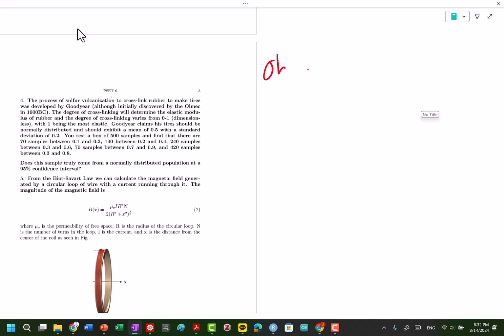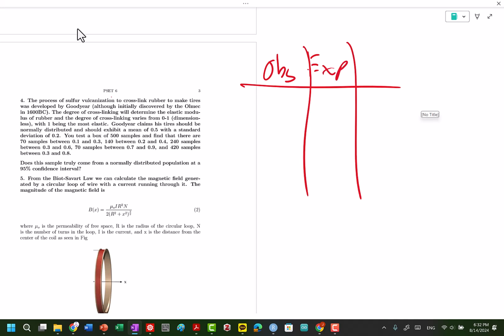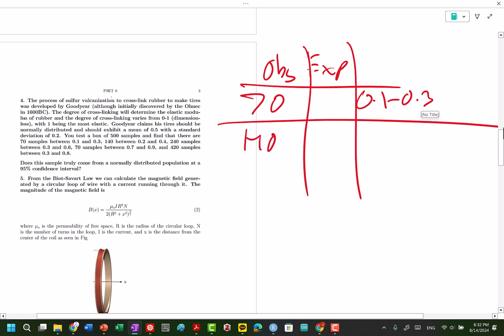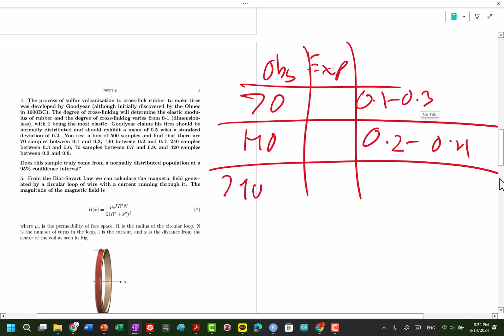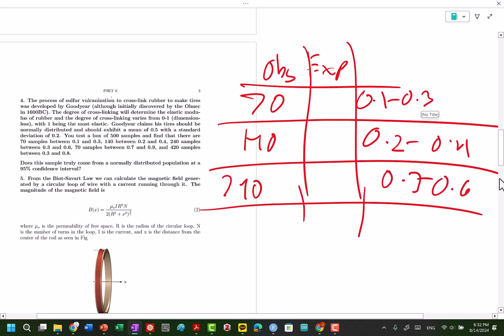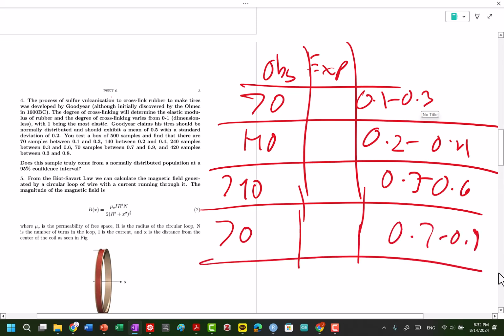So we find observed, expected, and then our values. 70 between 0.1 and 0.3, 140 between 0.2 and 0.4, and then 240 between 0.3 and 0.6, and then 70 between 0.7 and 0.9, and then finally 420 samples between 0.3 and 0.8.